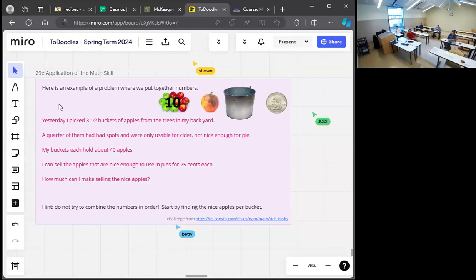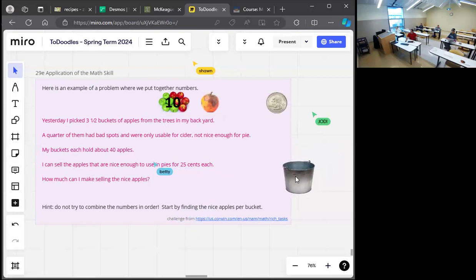If someone wants to tell me to do stuff on the board, I can make copies of buckets or copies of apples. Why don't we start with my buckets each hold 40 apples?